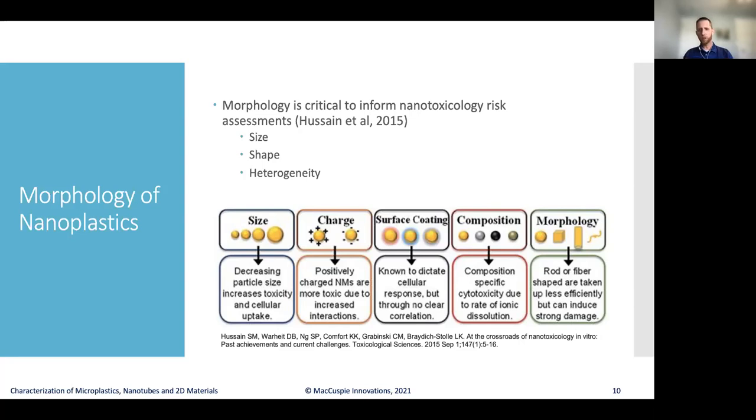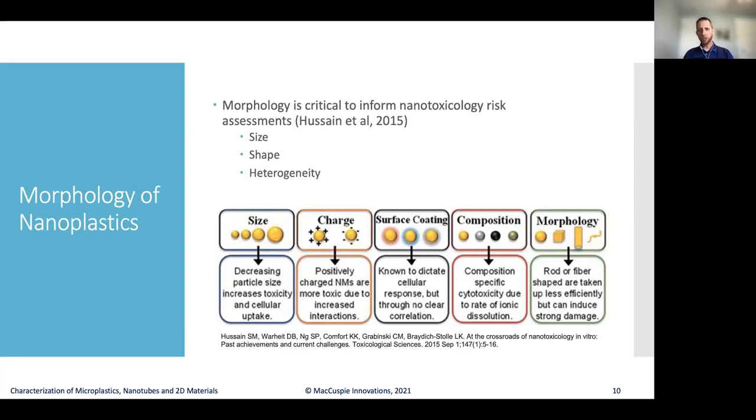The surface coatings will dictate cellular responses, and again, what might absorb or desorb as these materials move through the environment. But there's really still no clear correlations. There's some case-by-case information, but in general, you really have to look at the role of the surface coating to understand what that might play.